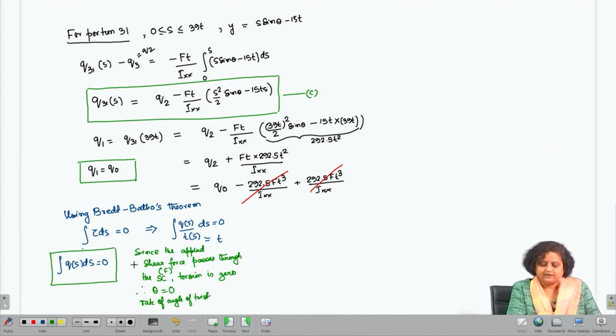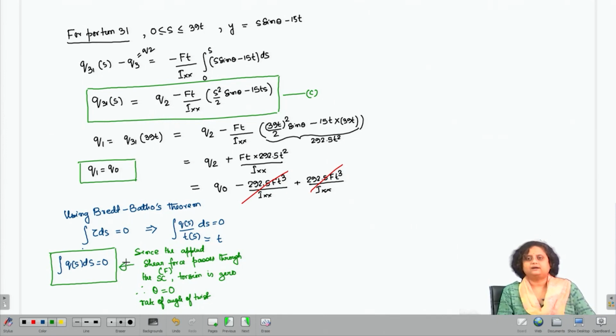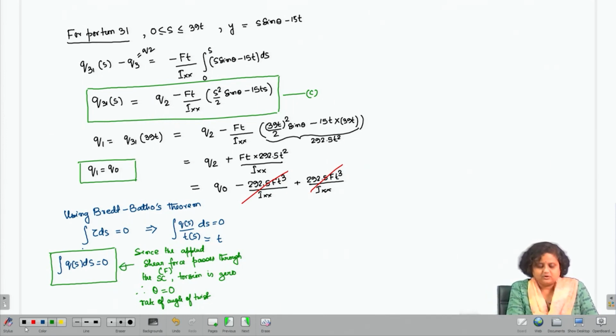From this we get the expression that the integral of Qs ds is equal to 0.